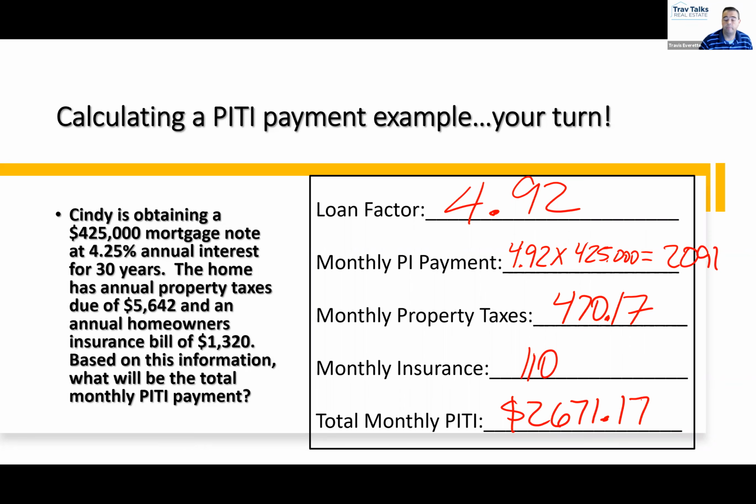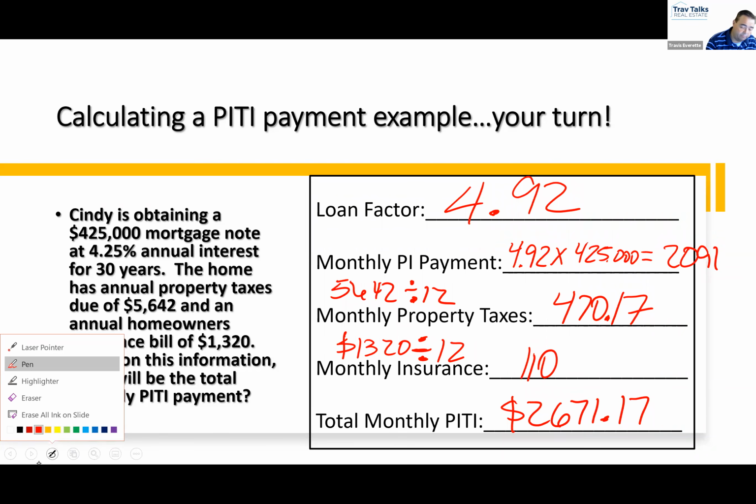Great. Okay. And then for monthly property taxes, I simply took the 5,642 and divided by 12. And that gave me $470.17 for the taxes. And for the monthly insurance, I took the 1,320 and also divided it by 12. And once I had all the pieces, what's the math look like over here, folks?